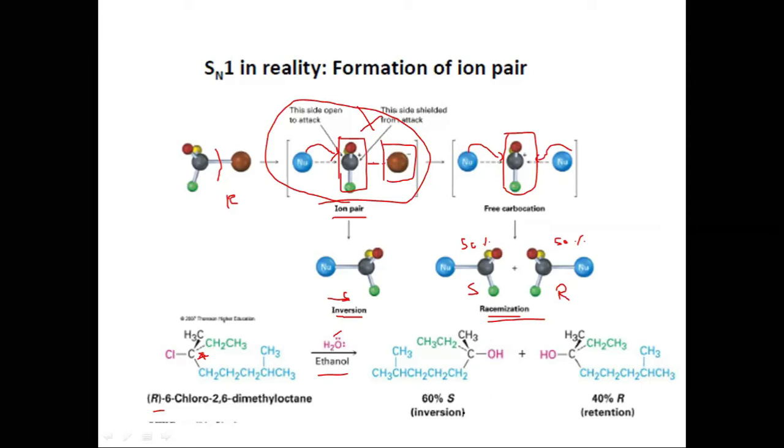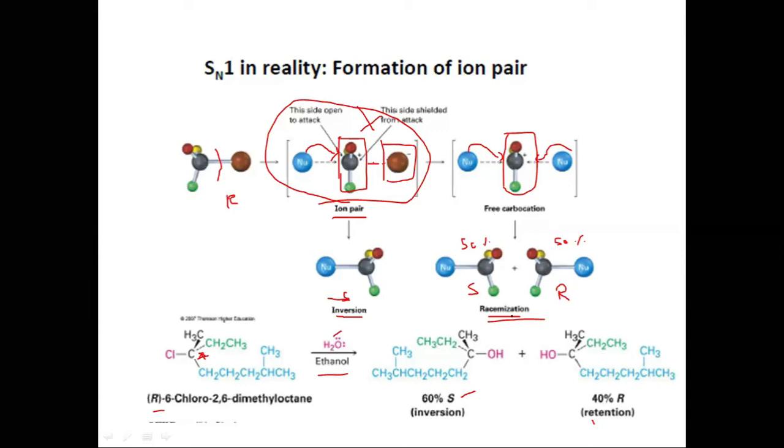But after the reaction, you will have a proportion of S form of 60% and R form of only 40%. That means 40% R, and 40% among the 60 will be S. That is equal to the free carbocation state.